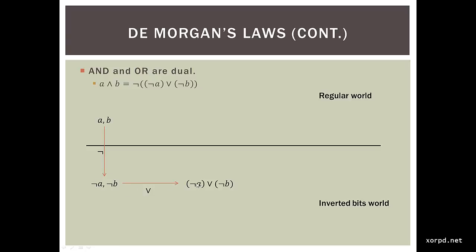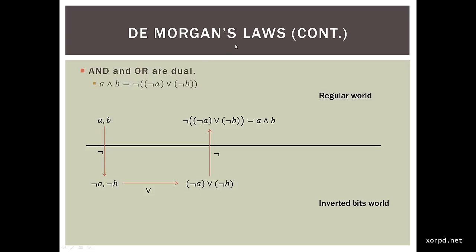And we get not A or not B. Now we want to get this result, which is just one bit by the way, back to the regular world. In order to do this, we have to negate it. And we get the negation of this expression.